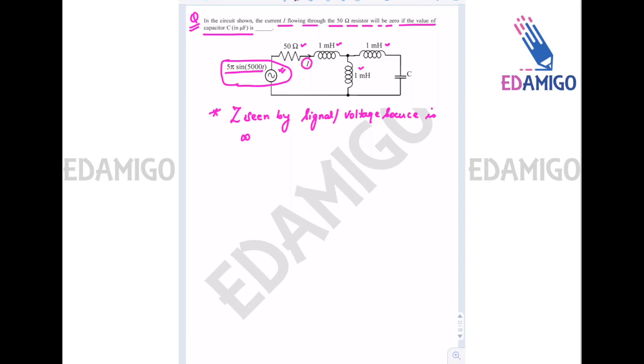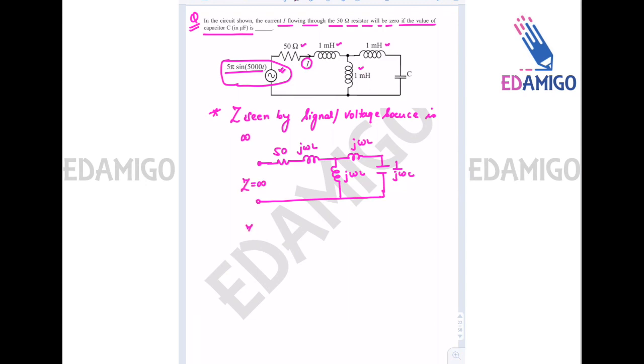In the circuit, this is 50, this is j omega L, this is j omega L, this is j omega L, and this is 1 upon j omega C. So the impedance should be infinity.